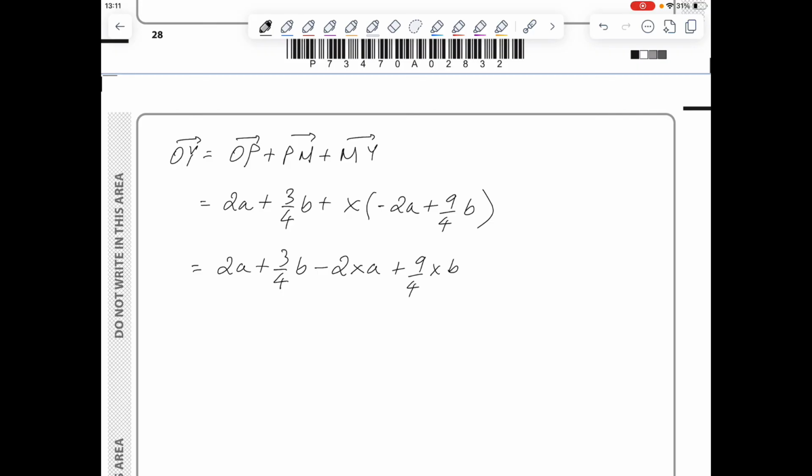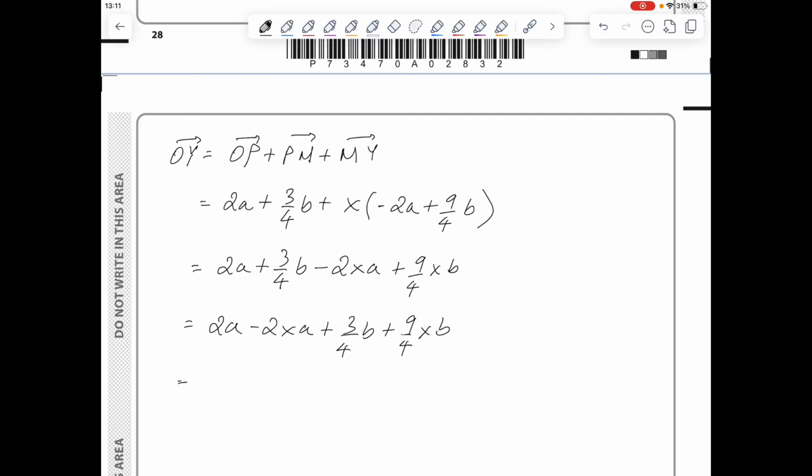And now I'm going to collect all the a's together and all the b's together. So I have 2a minus 2xa plus 3/4 b plus 9/4 xb. And I'm going to factorize the a and the b from the first two and the last two.